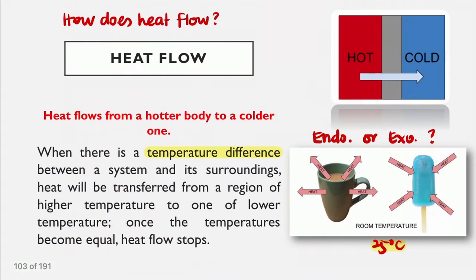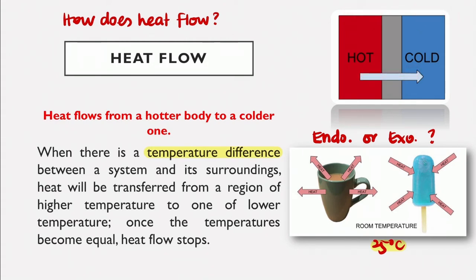So how does heat flow? Like I said before, our heat flows from a hotter body to a colder one. When we have, for example, an 80 degrees Celsius room and an air conditioned room at 17 degrees Celsius, the hot air will flow into the colder room.